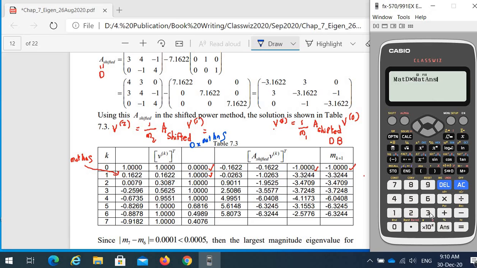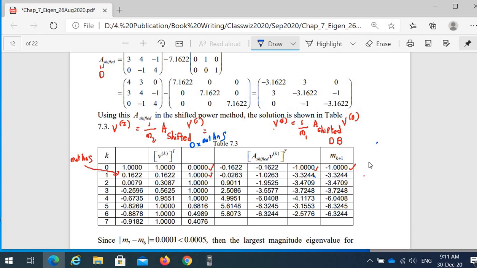Go down to number 1. You get negative 0.0263, 1.0263, negative 3.3244. Only the first time for A shifted V note, you use D times V. Then you get M1, the largest magnitude.